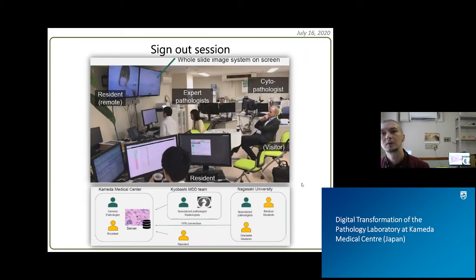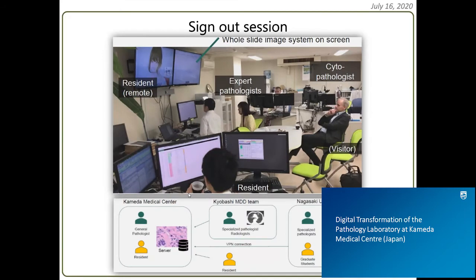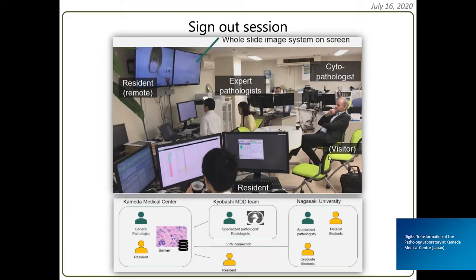Schematically, here I would like to show how our sign-out session looks. Virtual slides are usually shared on the screen. And please note that this particular sign-out session also has an educational aim.